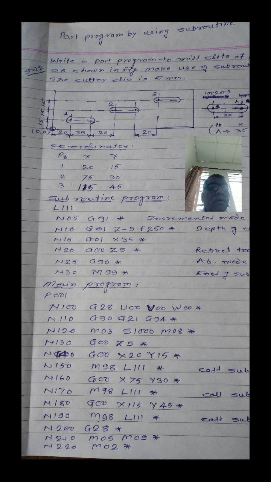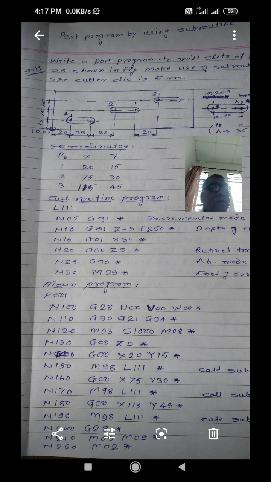Therefore you have to draw a separate figure for the machining operation. While writing the subroutine, you have to assume that your tool is at the starting point of the operation. Suppose our tool is at point 1, point 2 or point 3.